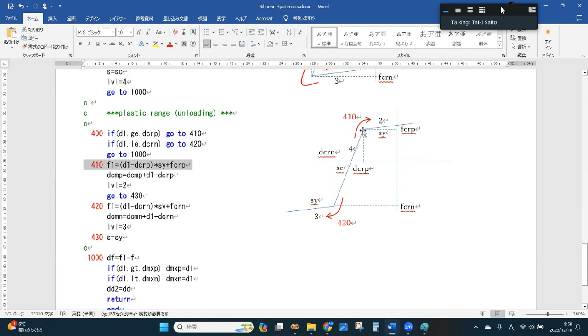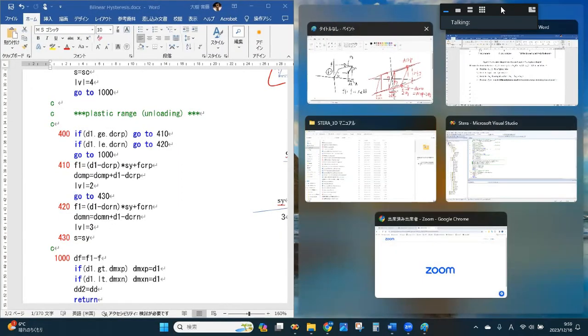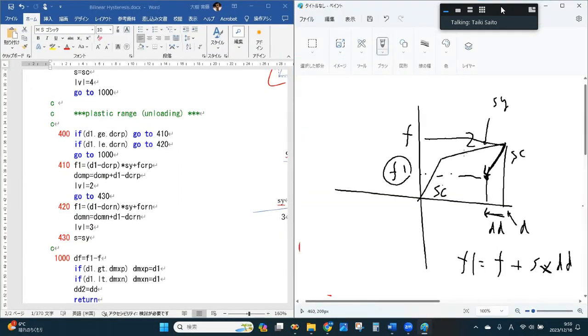And because stiffness is changing, you must calculate force from this formula. Now you know the meaning of the formula, I think, because it's the same as I explained before, very similar to this one.